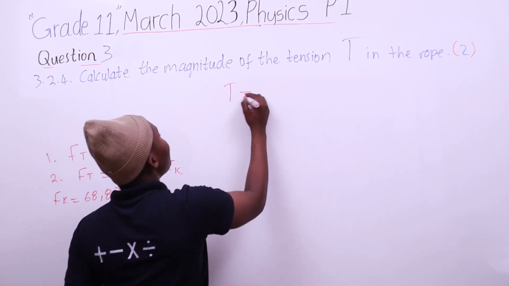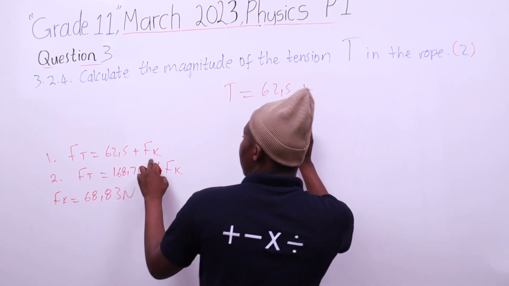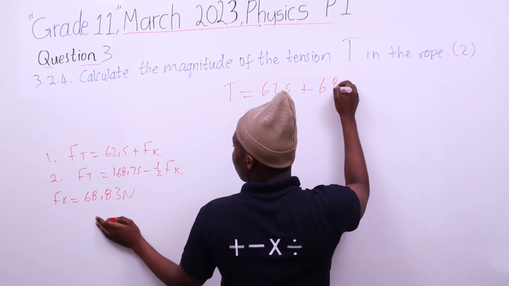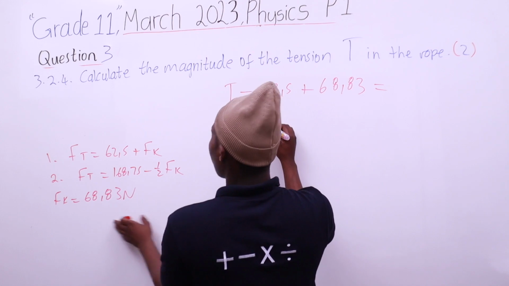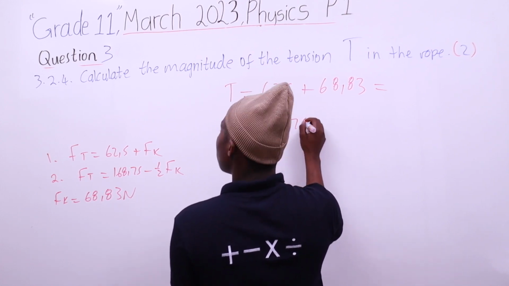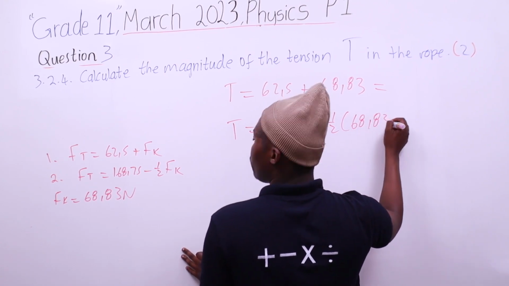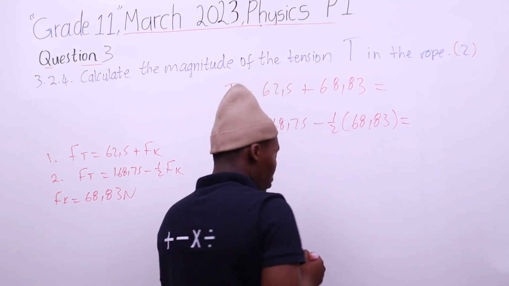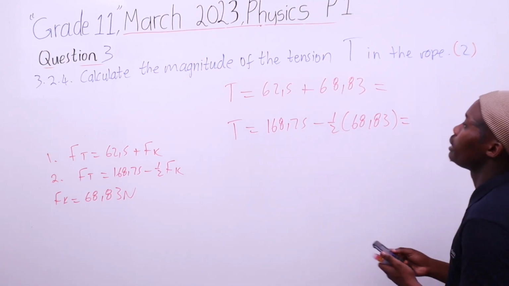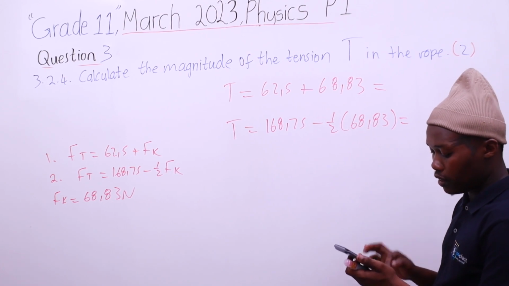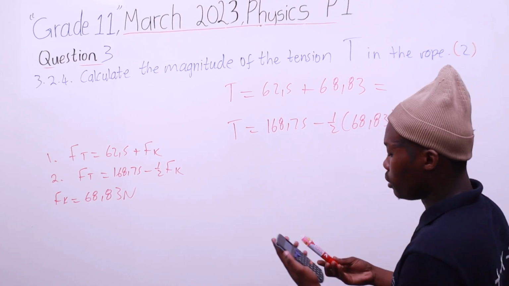So T is equals to 62,5 plus fk, which is 68,83, or T should be equals to 168,75 minus 1 over 2 of 68,83. La khona nje fk sifaka, we are substituting 68,83. So 62,5 plus 68,83 gives you 131,33.